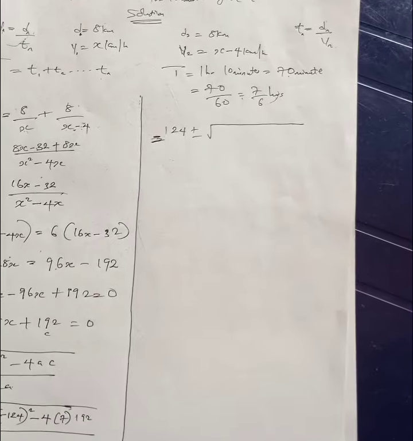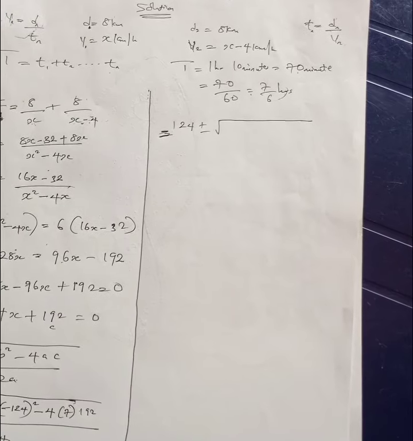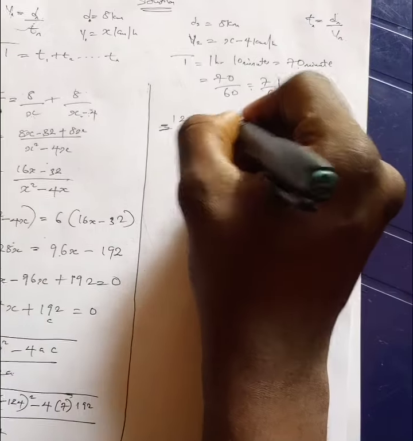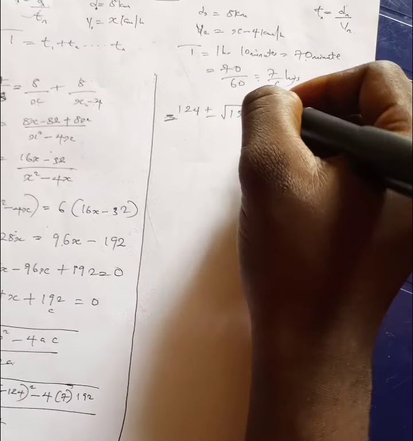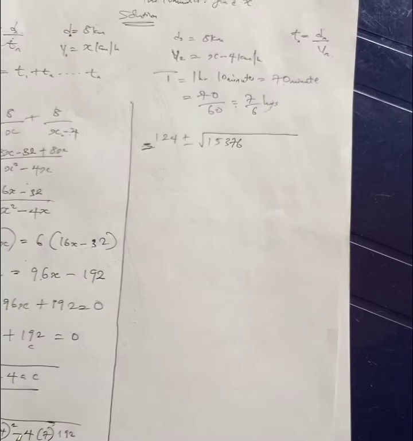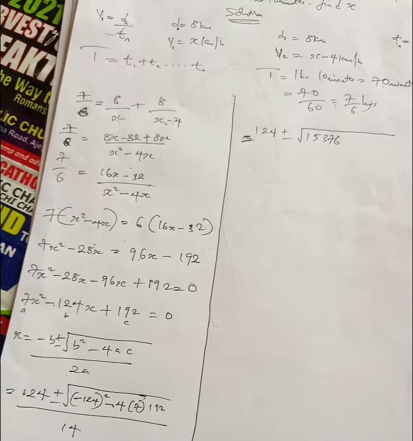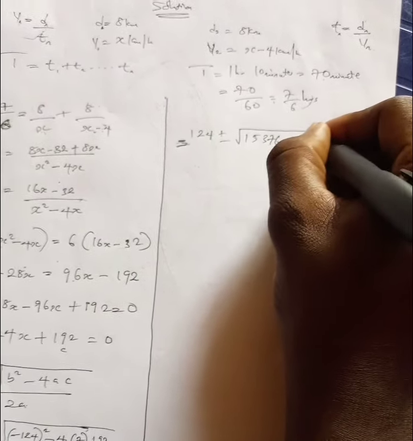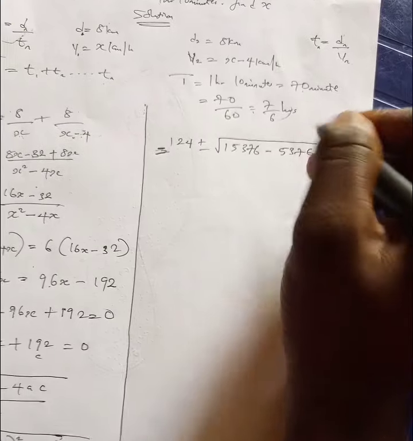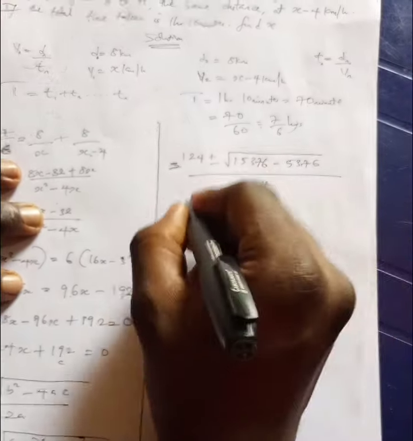Now the square of a negative number gives me a positive number. So I'll have 15376 here, and minus 4 times 7 times 192 will give me minus 5376, all divided by 14.